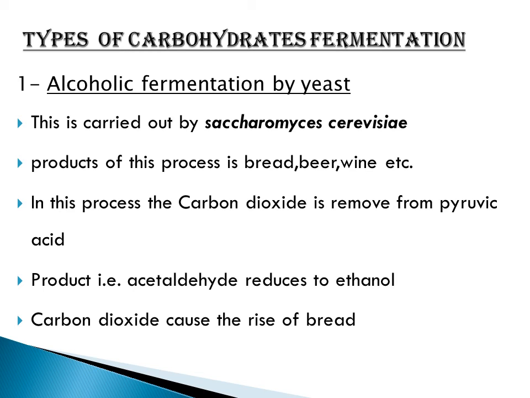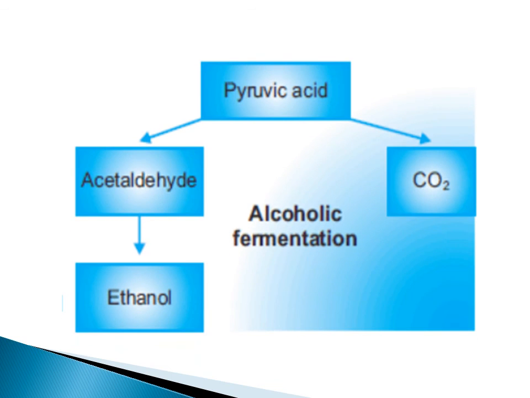This process can also be used for wine formation. This diagram shows alcoholic fermentation, in which pyruvic acid is first reduced to acetaldehyde, which is then converted into ethanol. In the meantime, CO2 is released, which is then used for the rise of bread, etc.